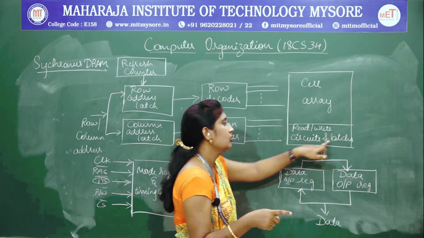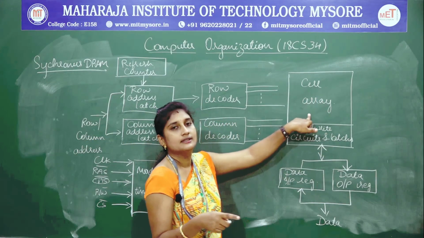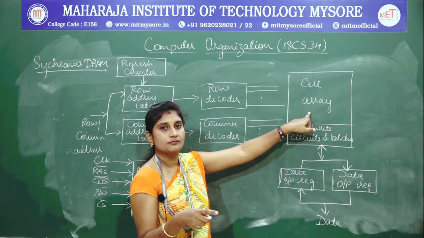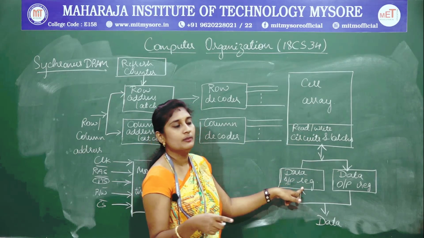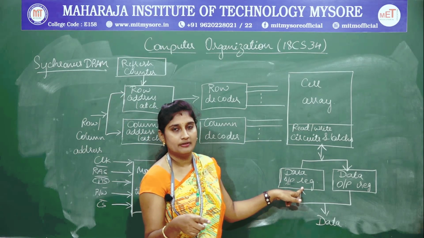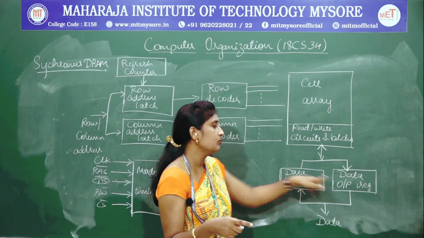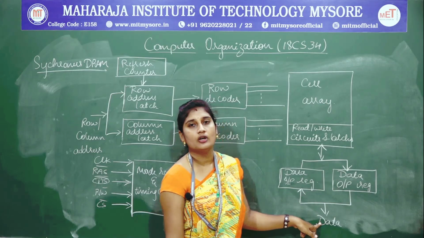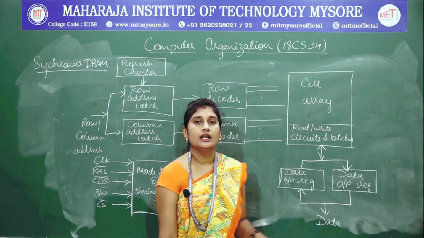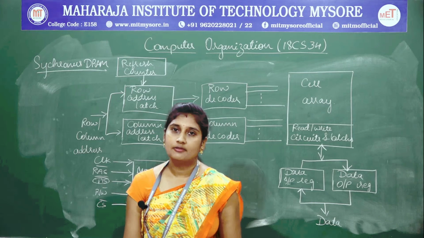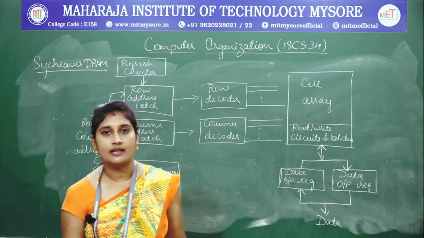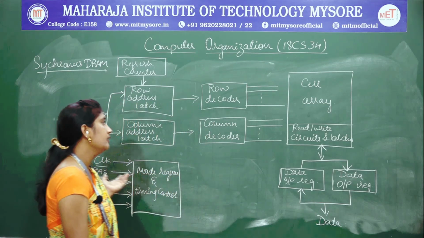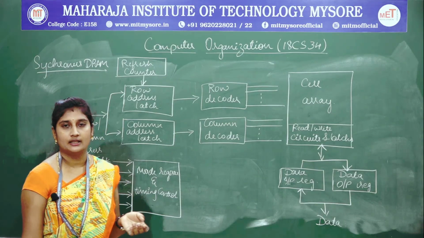After that, through the read/write circuit and latches, the corresponding cell is selected and the operation is performed, and the data will be sent to your data input register and data output register, and the corresponding data will be sent to the data output pins. Fine. This is how you will be carrying out the operations with the help of clock cycles.